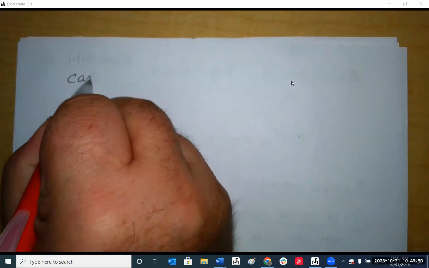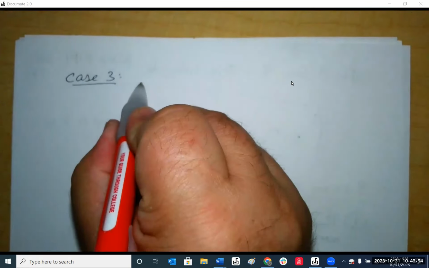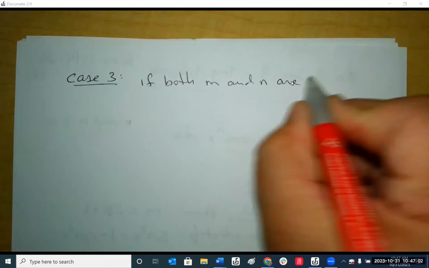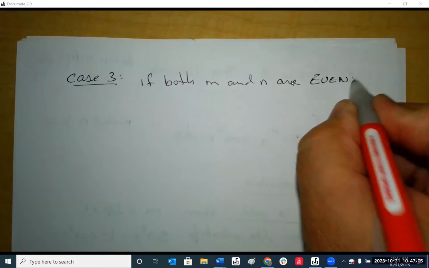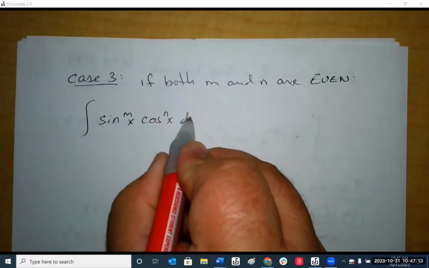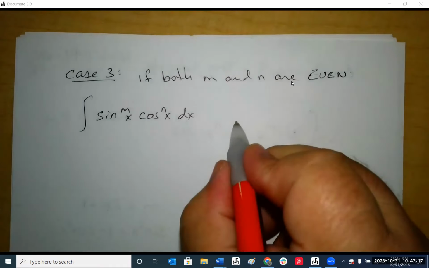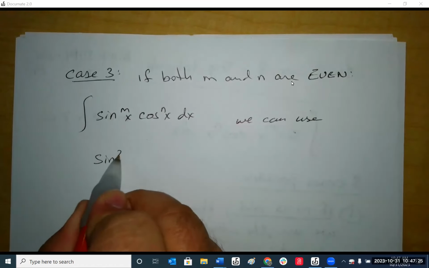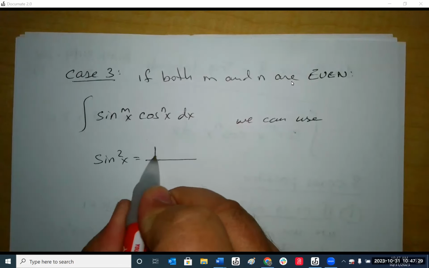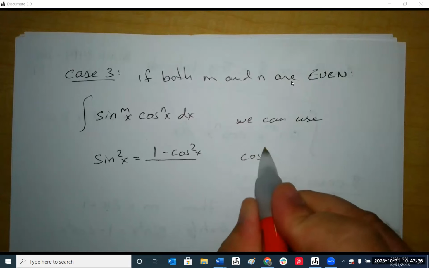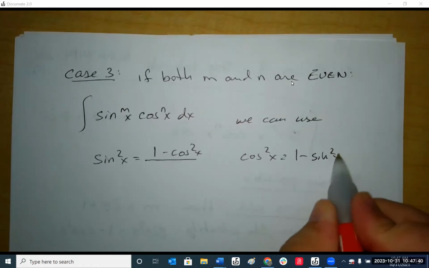And case 3, if both m and n are even, in this formula, so we have sine to the m x cosine to the n x dx, we can use sine squared x is equal to 1 minus cosine squared x, and cosine squared x equals 1 minus sine squared x.